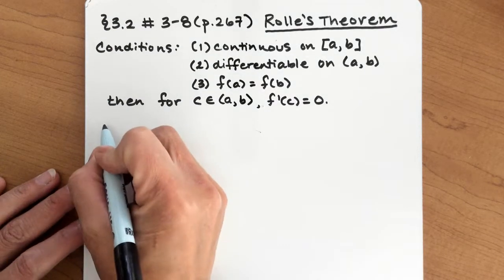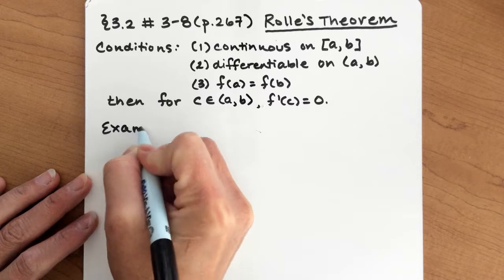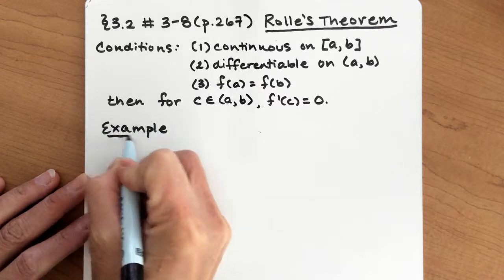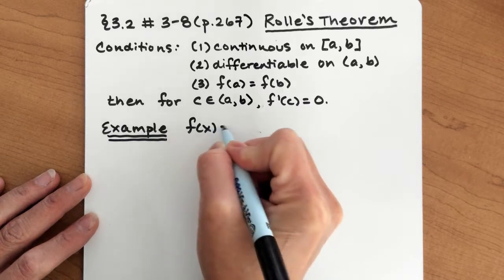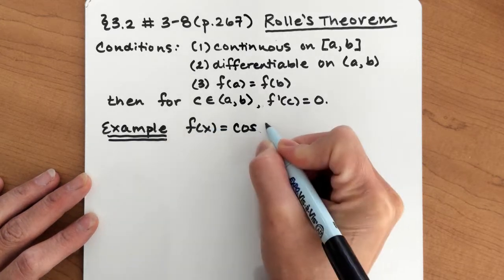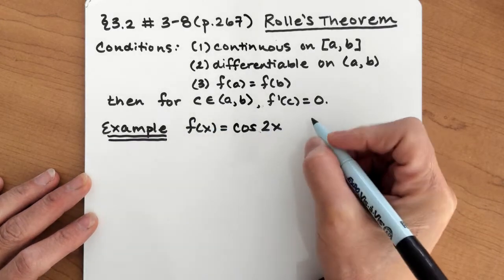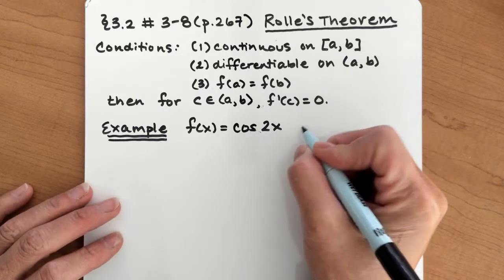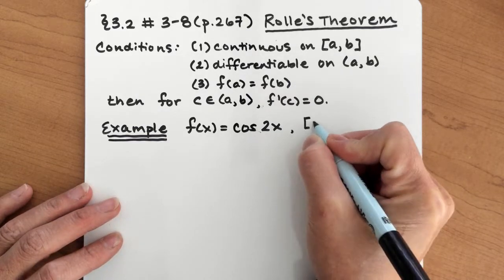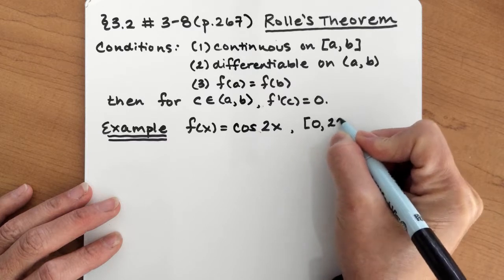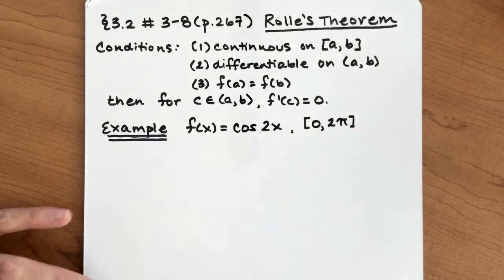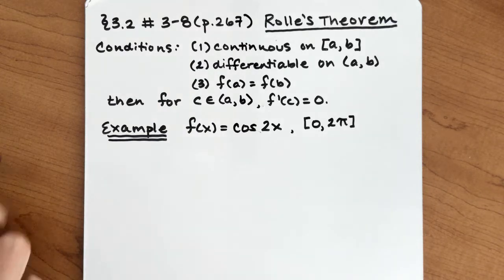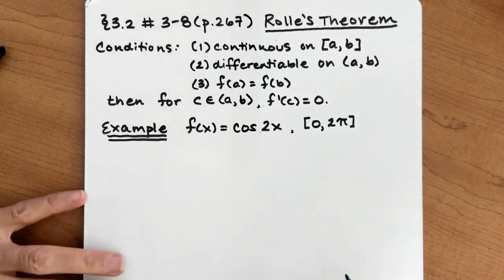Let's look at f of x equals the cosine of 2x, and let's look at the interval from where x is 0 to where x is 2 pi. Okay, so first I'm going to consider each condition.